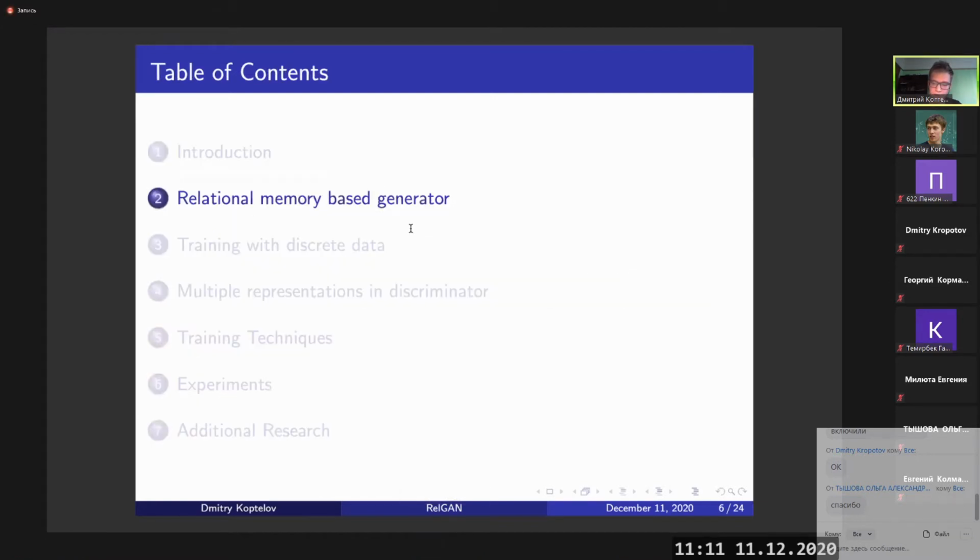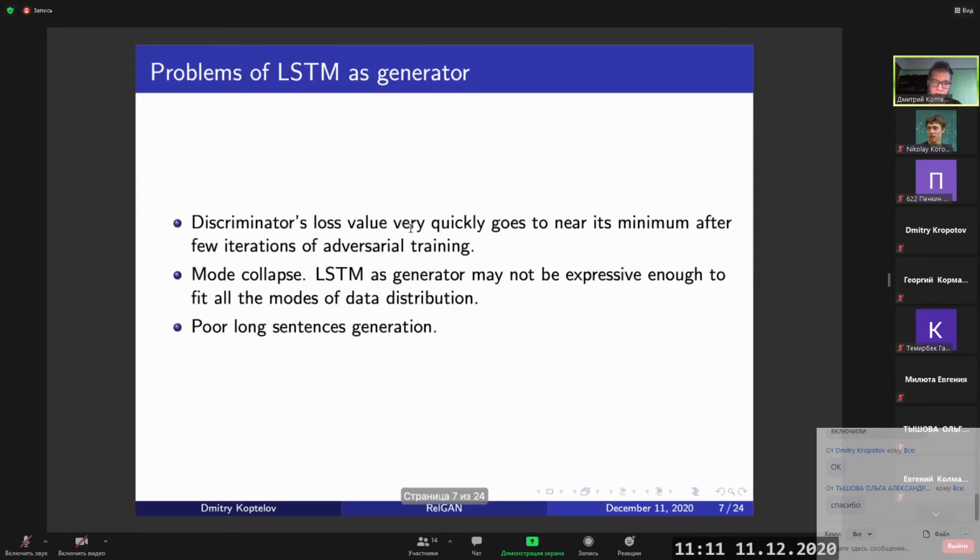Let's look closer at all the parts. First, start with the relational memory-based generator. Some words about problems of the LSTM as generator. The first is that the discriminator very quickly goes to near its minimum, meaning that the discriminator is usually more powerful than the generator.